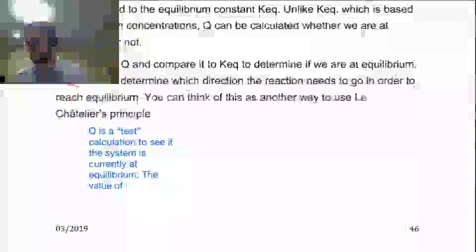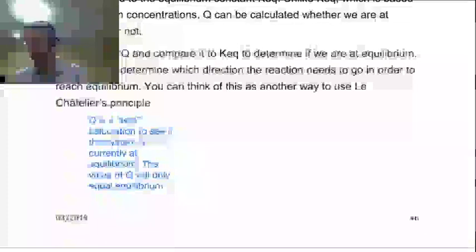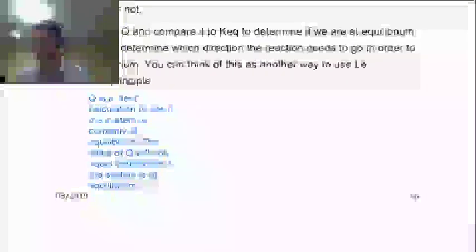The value of Q will only equal Keq if the system is at equilibrium.